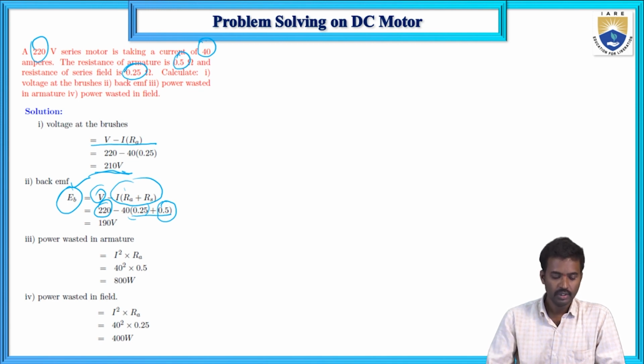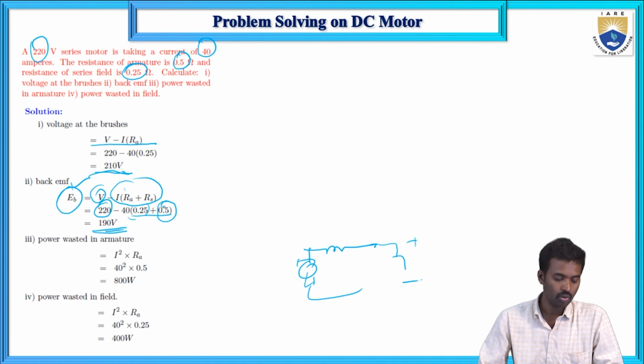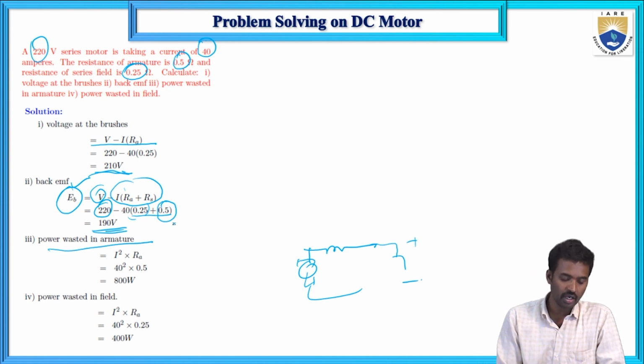So now here this diagram should be like this. Here this is the armature winding and this one is the field winding and here is the supply. So now here this value, back EMF equals 190 volts, and power wasted in the armature equals I square into RA.